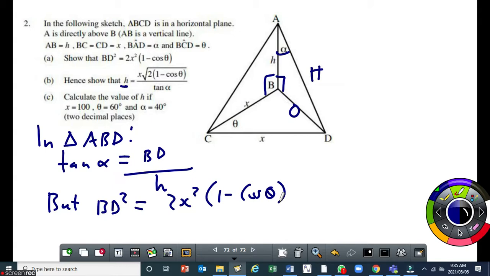Then you find the square root, so you end up getting BD equal to the square root of 2x squared times 1 minus cos theta.